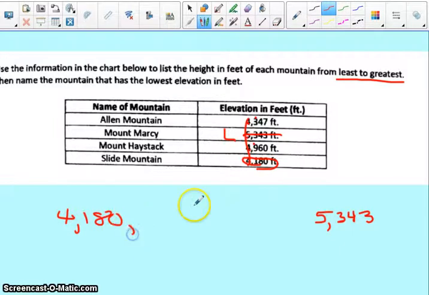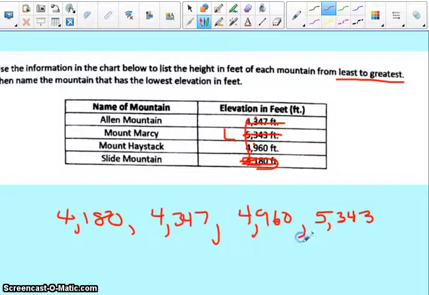Okay, so what would be the next one? Still looking at our hundreds, 3 is less than 9, so we know 4,347. Okay, and then last but not least would be 4,960.